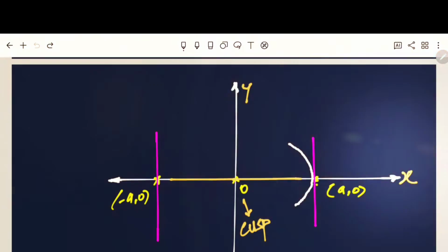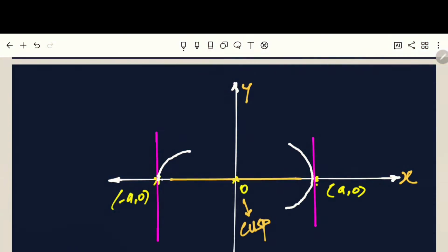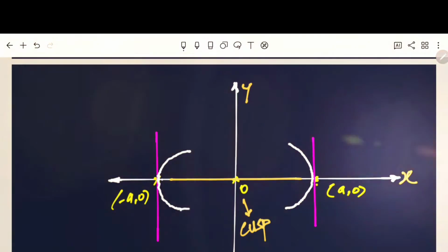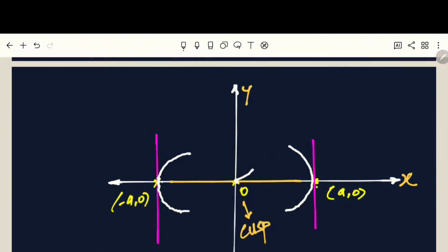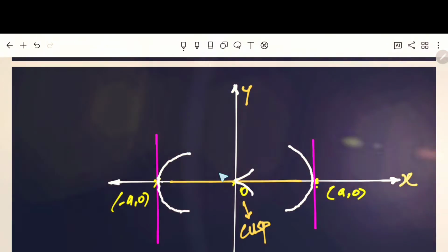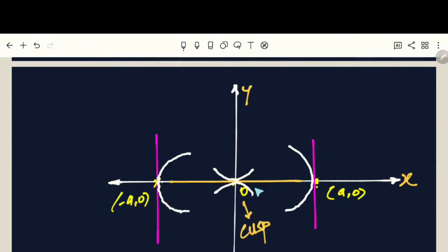Therefore, towards the right hand side of this tangent the curve does not exist, and towards left hand side of this tangent the curve does not exist, and due to tangent we make a parabolic shape at the point a, 0 and minus a, 0 and cusp at the origin.